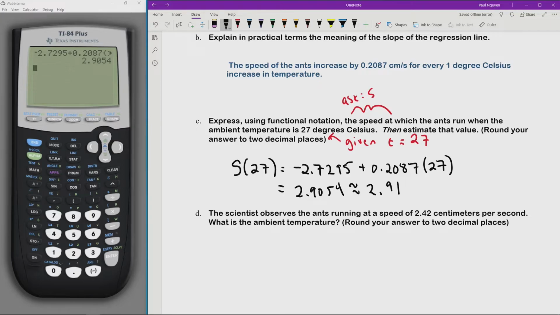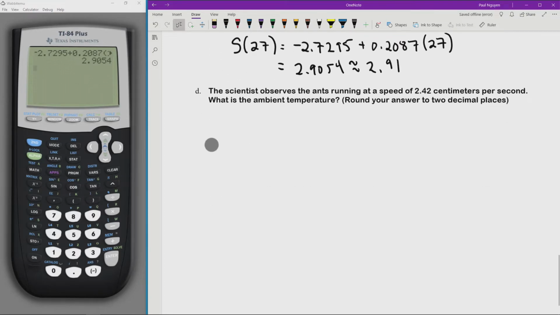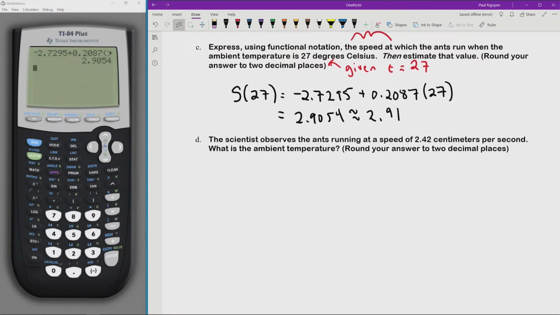Now let's say the scientist observes the ants running at a speed of 2.42 centimeters per second. What is the ambient temperature? We'll round our answer to 2 decimal places. So in this situation, they're giving us that S, the speed, is 2.42.